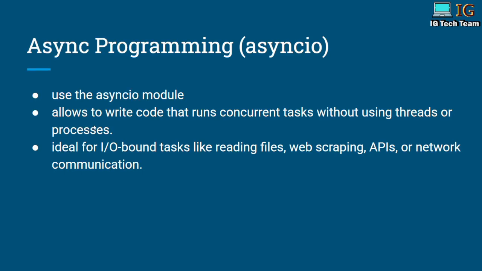It allows you to write code that runs concurrent tasks without using threads or processes. Just now I implemented concurrent execution with threads and processes, but if you do not want to use them, you can consider async programming. It is ideal for I/O-bound tasks like reading files, web scraping, APIs, or network communication. Let me implement this async programming.